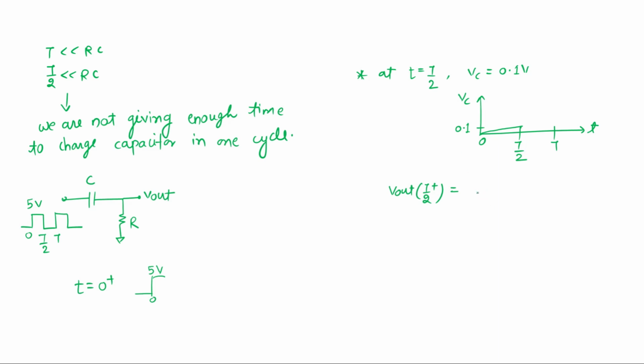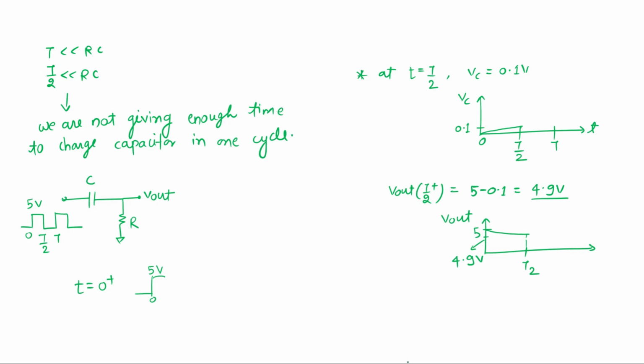So here simply 5 minus 0.1 comes to be 4.9. So we can write our V out as: in this time till T/2 it was previously 5 and it slowly reached only 4.9.